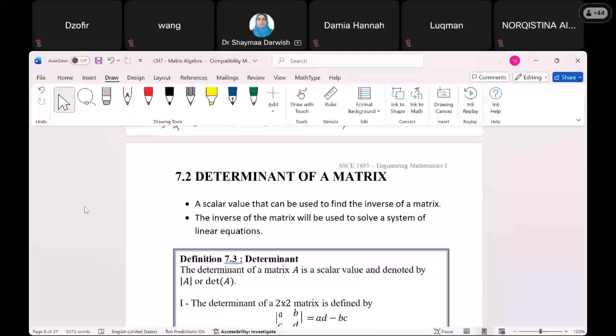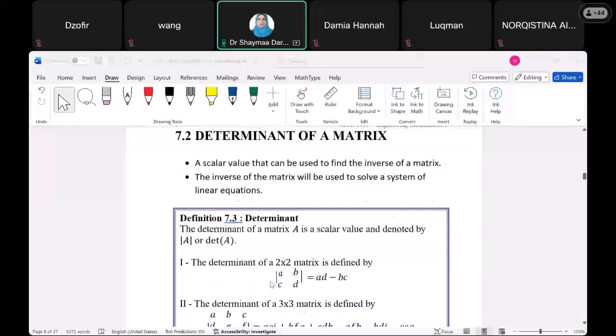Now we need to learn how to find the determinant of the matrix. Sometimes we denote it by A between two lines, or det A. Either notation means we are talking about the determinant of the matrix.